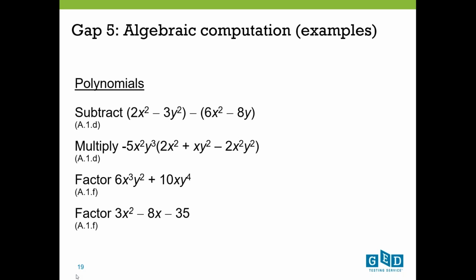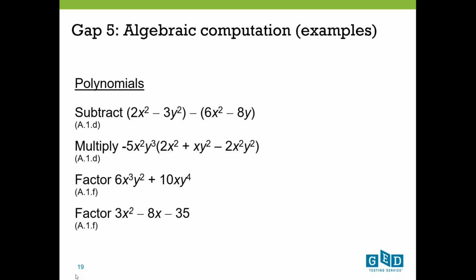The other kind of factoring that you will see for polynomials is when we have a trinomial that has no common factors, and you have to factor it back into two multiplied binomials.